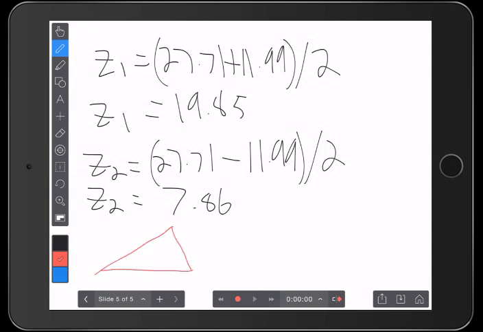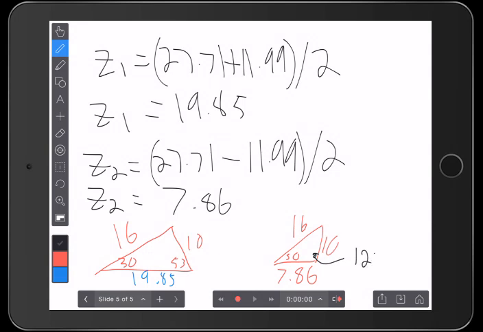Now we can actually draw our triangles. So I've got this triangle here, which is 30 degrees, 10, 16, and this worked out to be 53 degrees, and then this side will be the longer of the two sides, 19.85. Then the other triangle is the ambiguous triangle, and it's also 30, 16, and 10, but this time it's 7.86 in length, and that angle there is 180 minus 53, or 127 degrees.